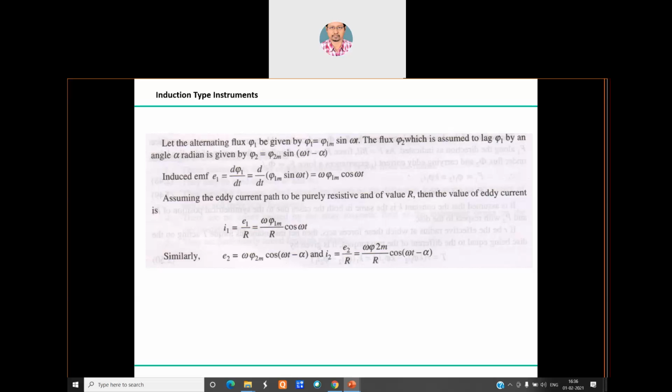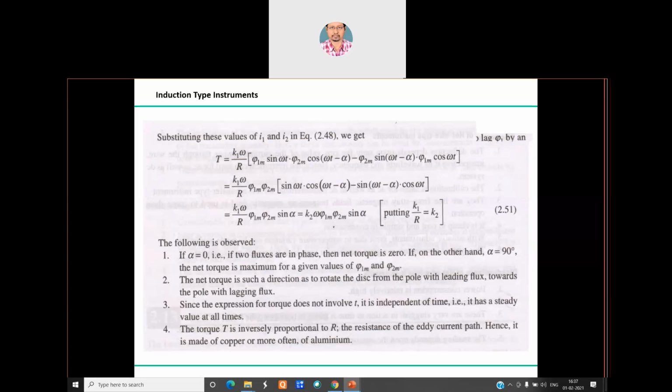Similarly, E2 is equal to omega phi 2m, remember this 2m is a subscript, upon R and cos of omega t minus alpha. If so, substituting these values of I1 and I2, what will we get?